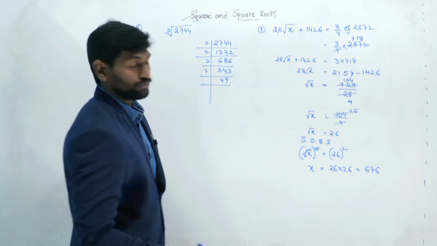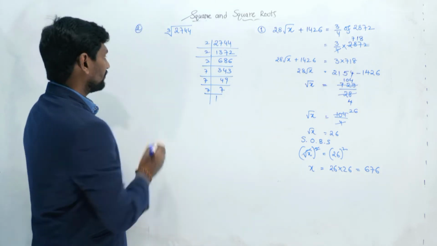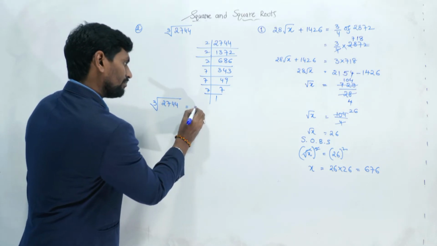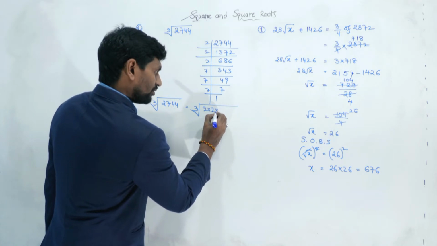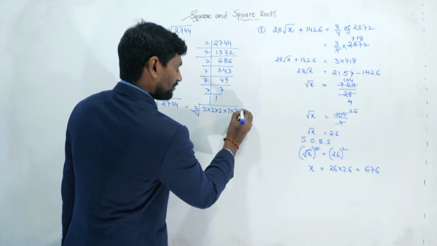343 is nothing but 7 cube. I told you already, 7 7s are 49, 7 1s. That means the cube root of 2744 can be expressed as 2 into 2 into 2 into 7 into 7 into 7. 2 is present 3 times, so 7 is also present 3 times.